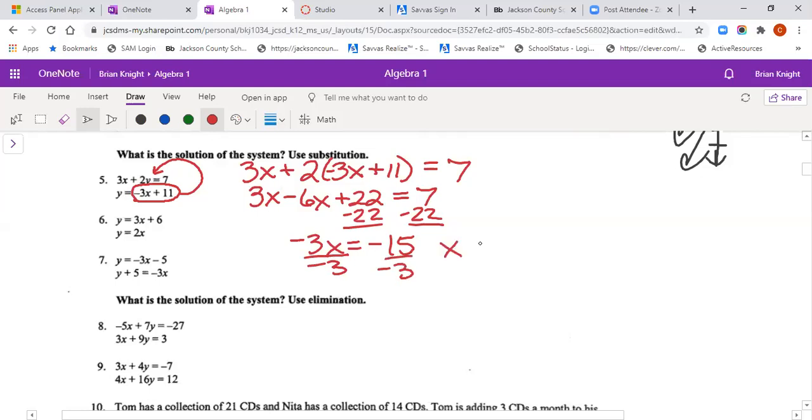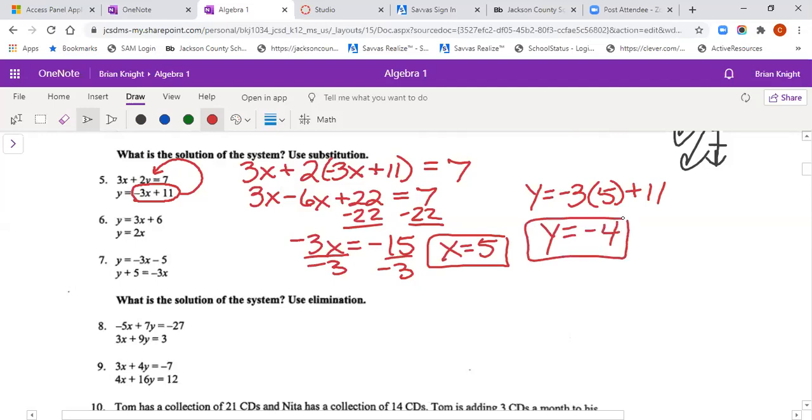X equals 5. And then what do we do to get y? Plug it in. So y equals negative 3 times 5 plus 11. Negative 3 times 5 is negative 15 plus 11 would be negative 4. So your answer is (5, -4).